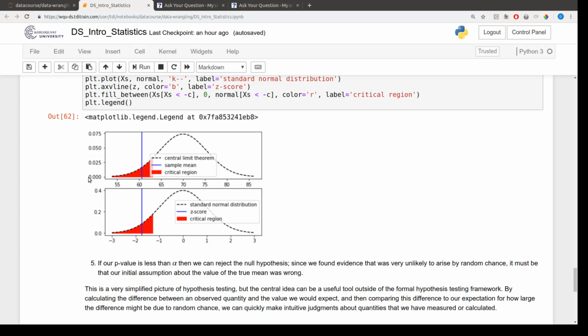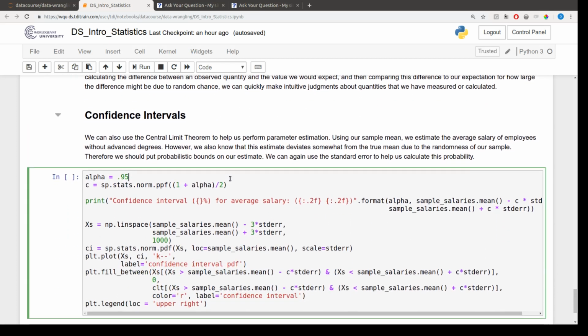How far would I have to go to the left and to the right of my sample mean before I got 90, 95, 99% of the area under this curve? That's the idea of a confidence interval.